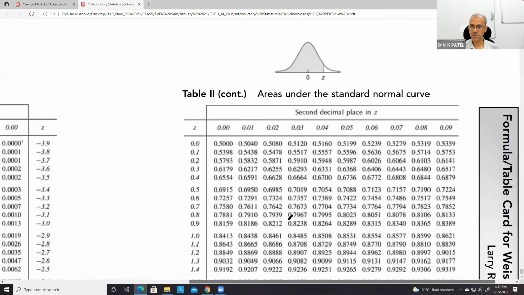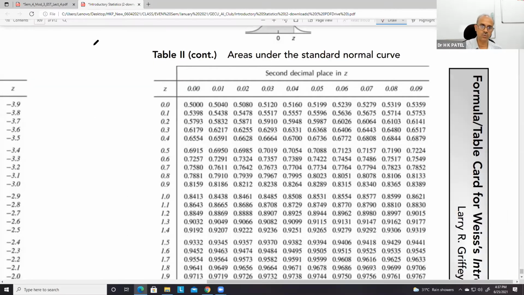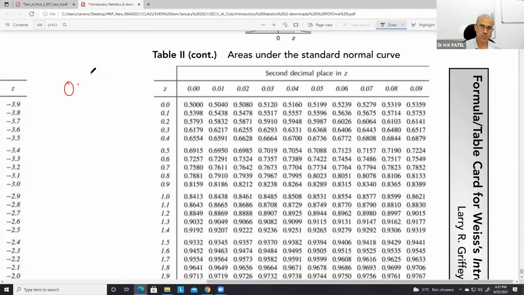Now, which value do we want? We want 0.975. These numbers in the table are areas. So just search this value, 0.975.